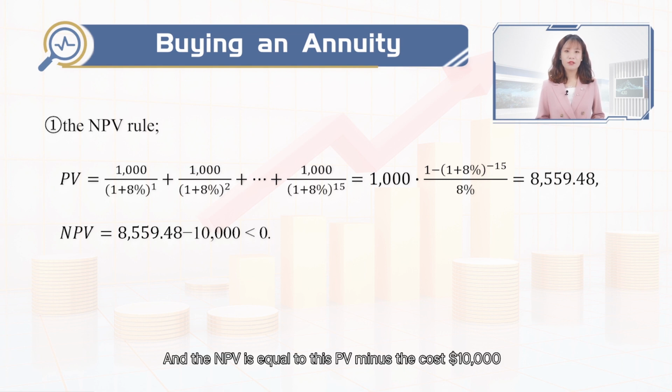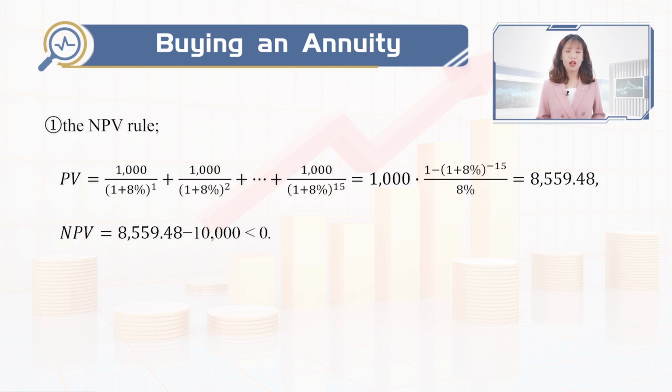And the NPV is equal to this PV minus the cost, $10,000. Finally, we get that the NPV is negative, so this annuity is not worth buying.